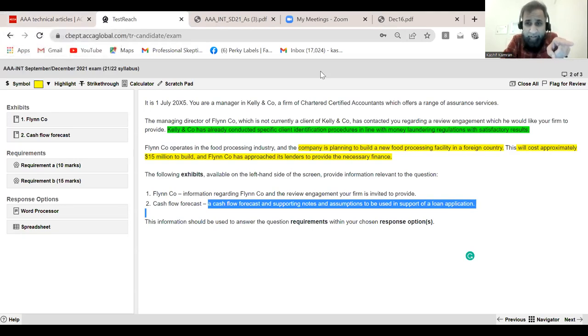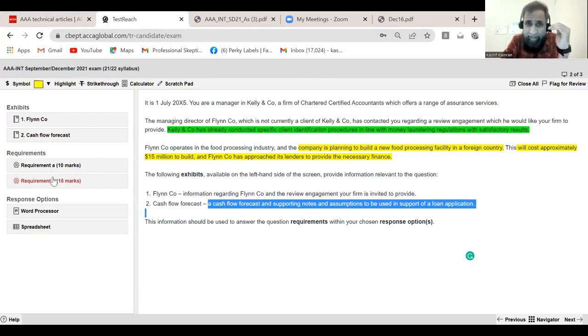Remember, Flynn is not your client, right? But the money laundering procedures have come out with satisfactory results. Now, on the left-hand side of your screen, you can see exhibit number 1, Flynn Company, and exhibit number 2, cash flow forecast. So you have 2 exhibits. For every exhibit, you have a requirement. You have a requirement A for 10 marks, and a requirement B for 15 marks.